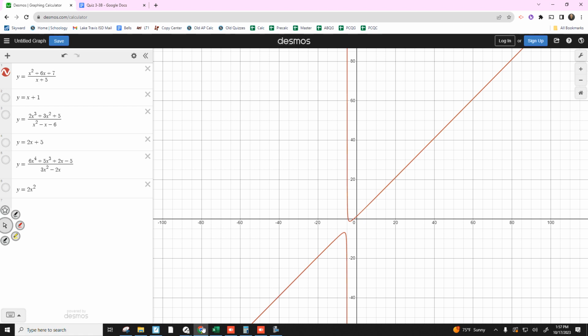Look at what we see. This rational function, x squared plus 6x plus 7 over x plus 5, towards the end, positive infinity, negative infinity, looks like a line. The end behavior follows like y equals x. So I'm going to go ahead and graph y equals x.